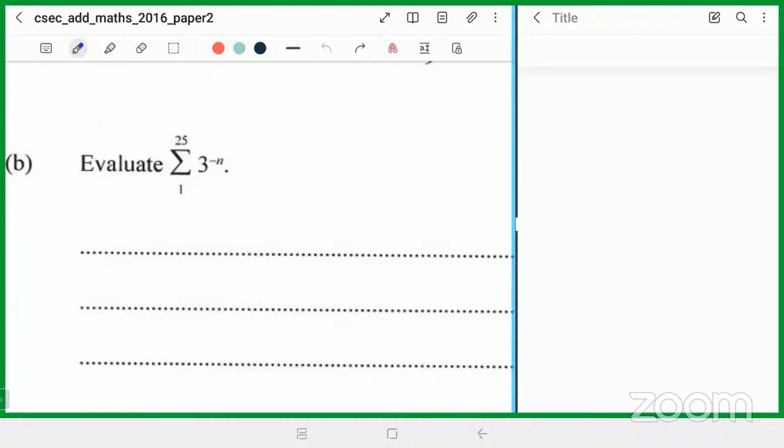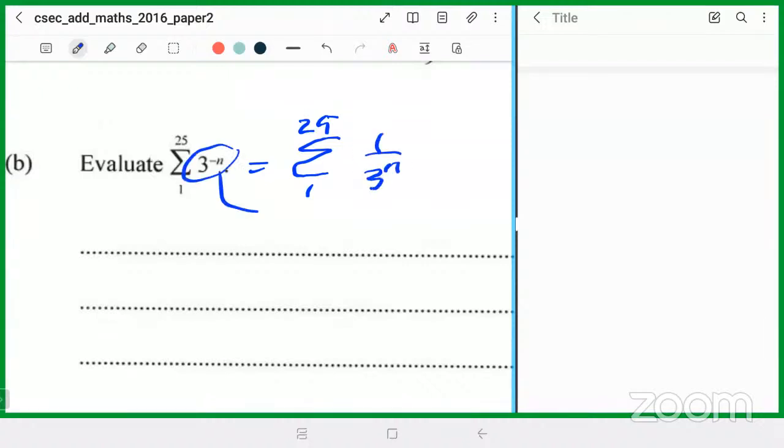The first thing I would do for this question is actually start writing the values and see what they are. I'm not going to work with negative powers, so I'm going to express this as the sum from 1 to 25 of 1 over 3 to the n.